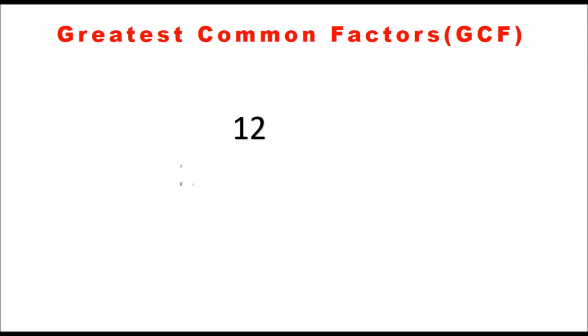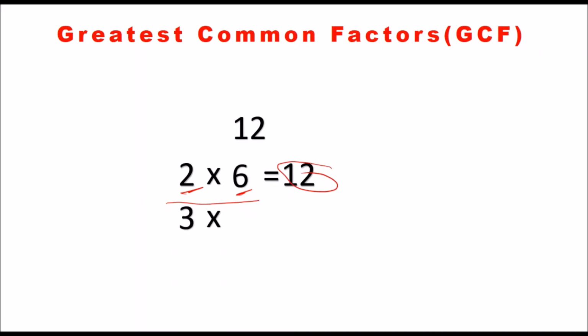We know that 2 times 6 gives us 12, so 2 and 6 are factors of 12. Another is 3, which can be multiplied by 4 to get also 12. So 3 and 4 are factors of 12.